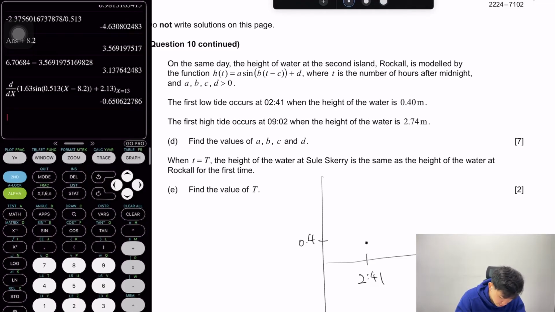Then we have the high tide of 902, right? Which is at 2.74. So 2.74, like this. Okay. So you would expect the graph to look somewhat like this.